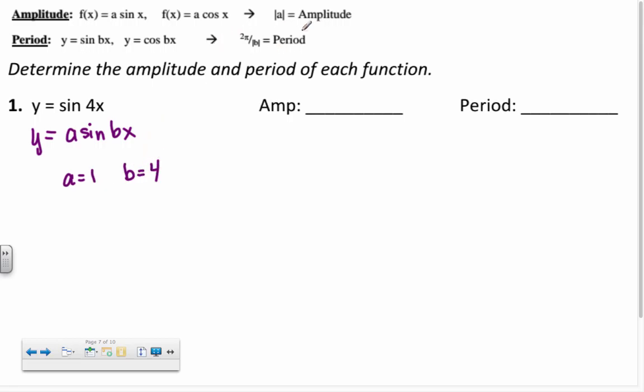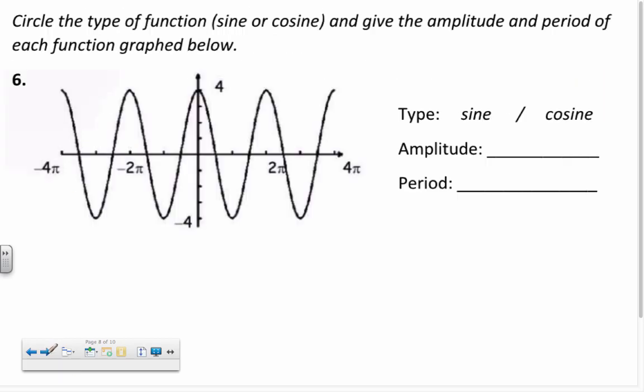The amplitude is the absolute value of a, so my amplitude is 1. And my period would be 2 pi over the absolute value of 4, which is just 4. So I can simplify this, and this becomes pi over 2. Not so bad.